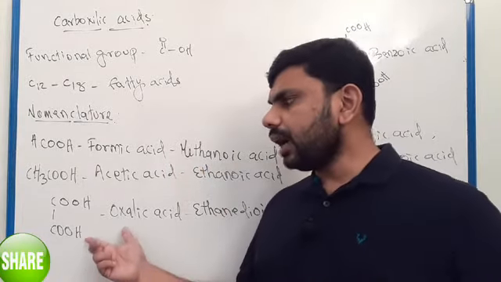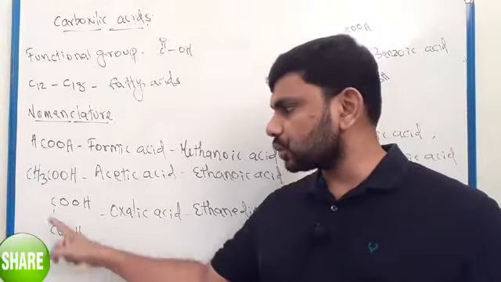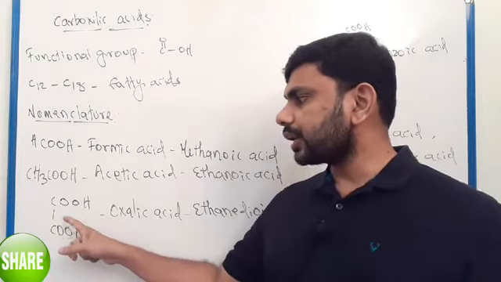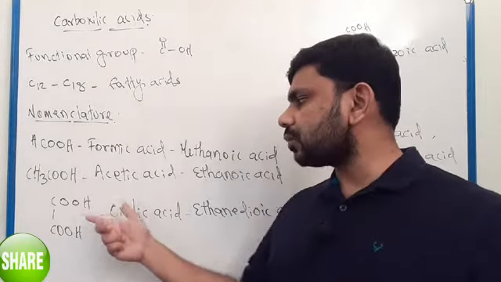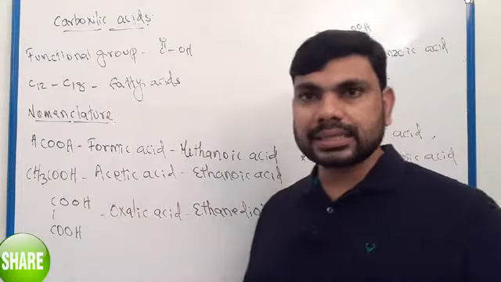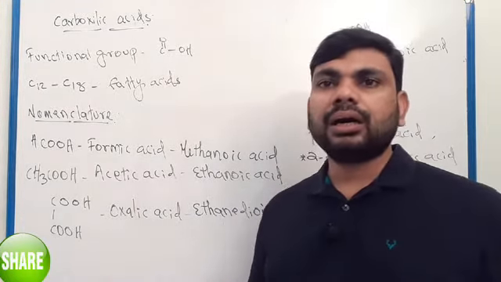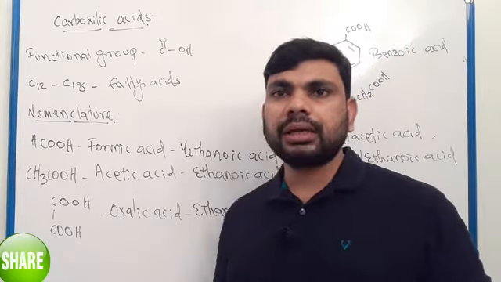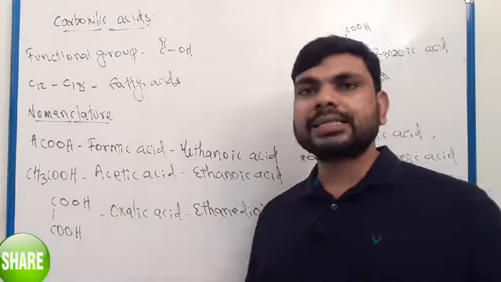And here, look, this is dicarboxylic acid, with two COOH. The common name of this carboxylic acid is oxalic acid. We use this acid for titration in chemistry practical, so remember this formula, oxalic acid.